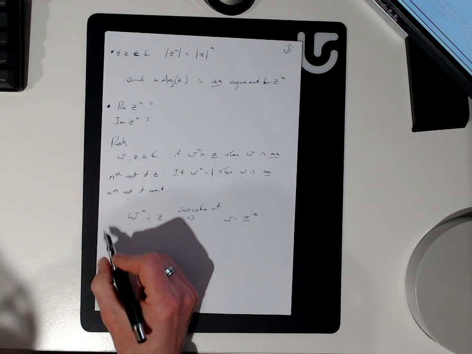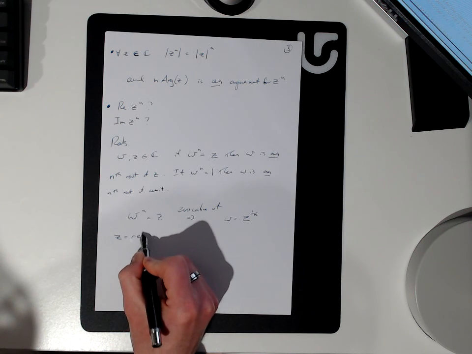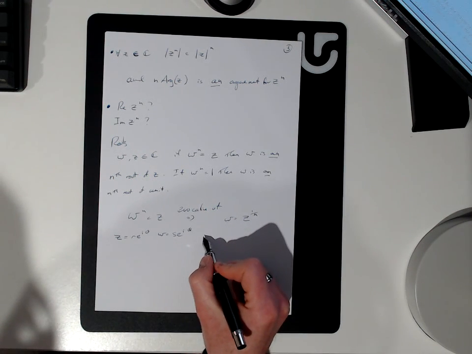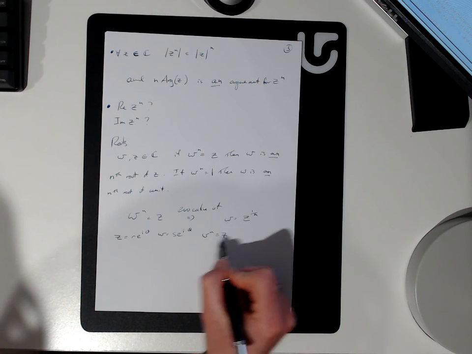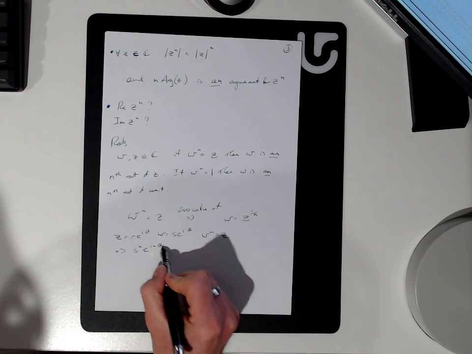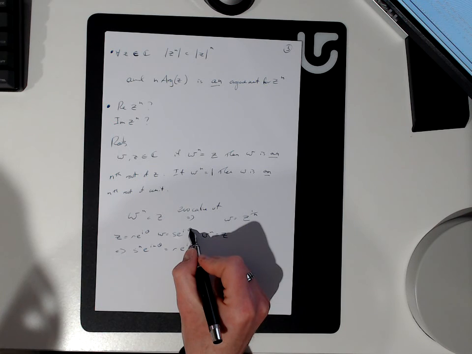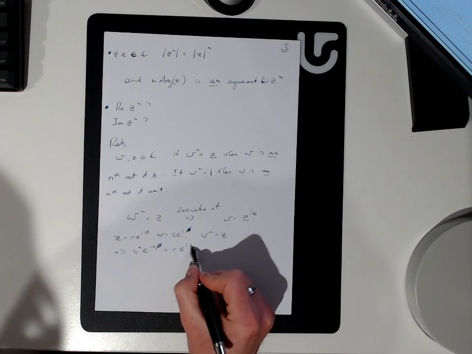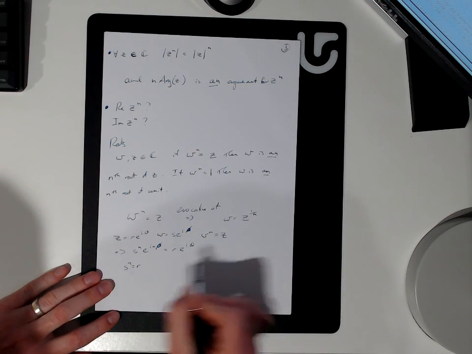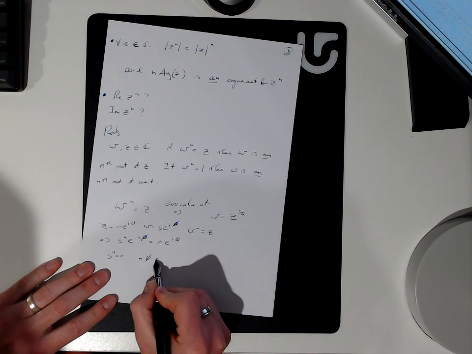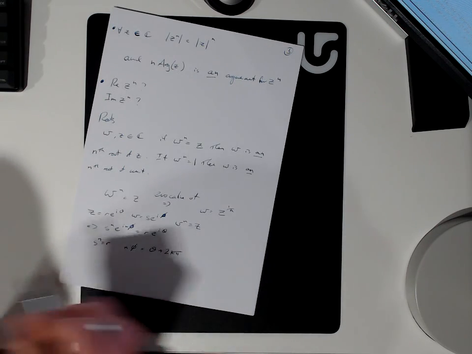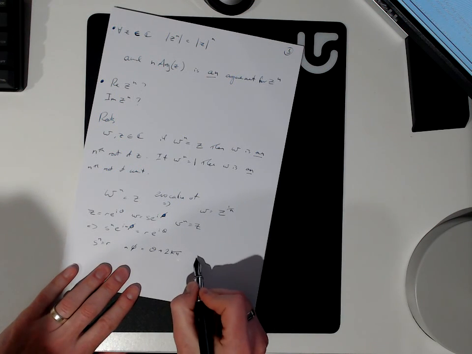Okay, so z equals r e to the i theta, w equals s e to the i phi. w to the n equals z implies that s to the n e to the i n phi equals r e to the i theta, which of course implies that s to the n equals r, and n phi equals theta, and we have to include some integer multiple of 2 pi, because the argument isn't unique.